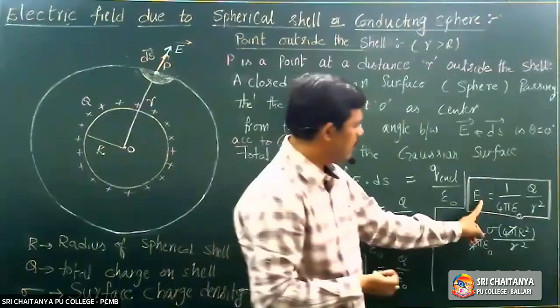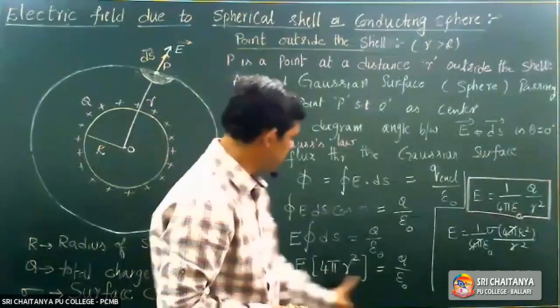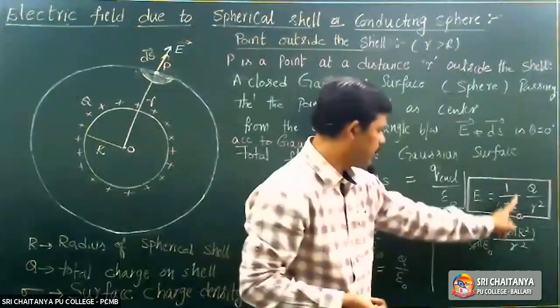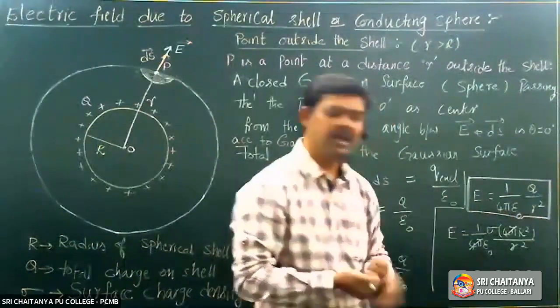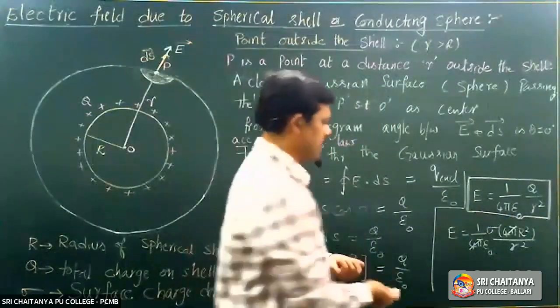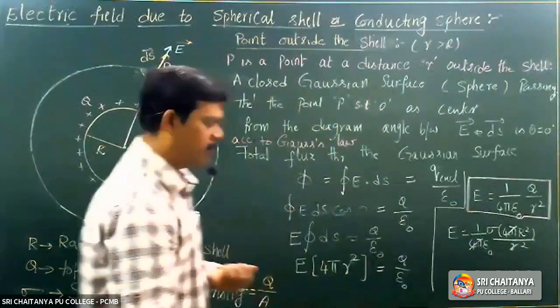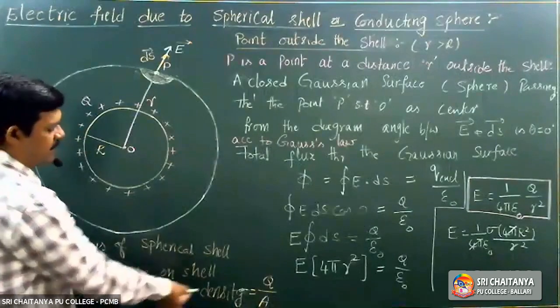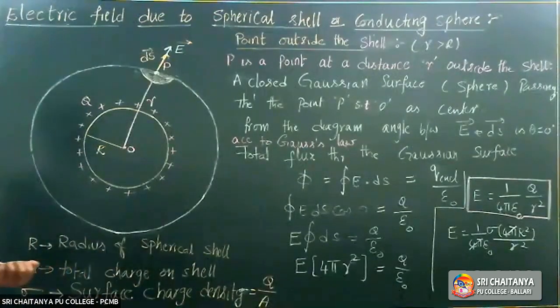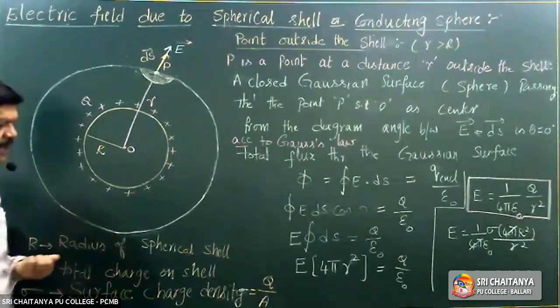Then E is equal to 1 by 4 pi epsilon naught q by r square. If you are asked for this E in terms of sigma, what is sigma? Surface charge density. Sometimes in the problems they give the sigma value and ask in terms of sigma.